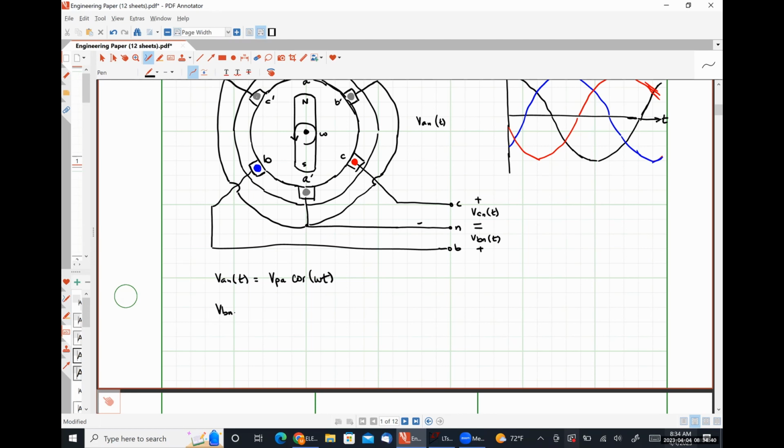We're going to have VBN as a function of time. It's going to be VPB cosine omega t minus 120 degrees. And then we're going to have VCN is equal to VPC cosine omega t minus 240 degrees.